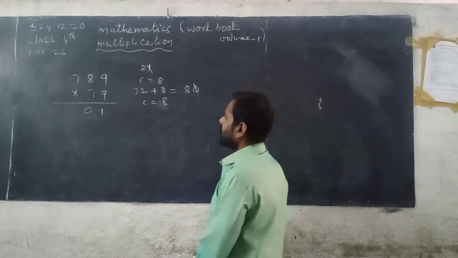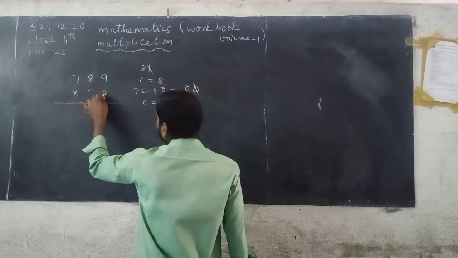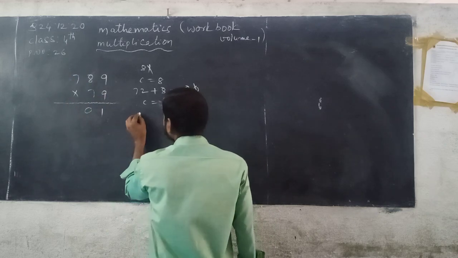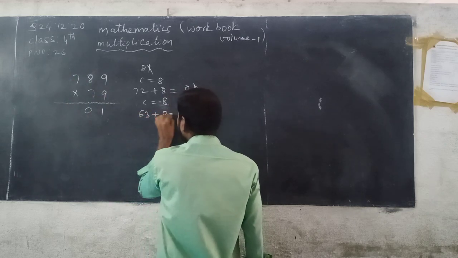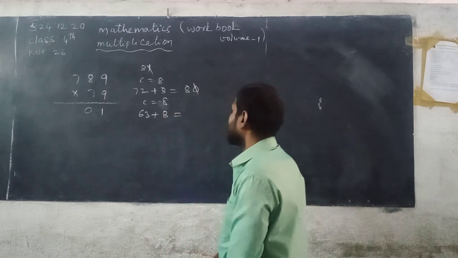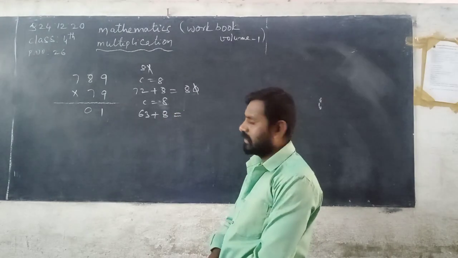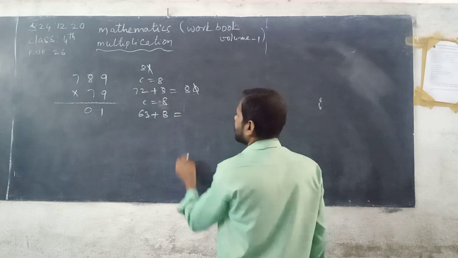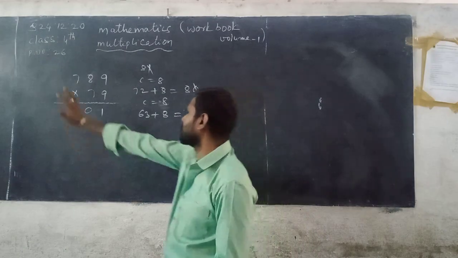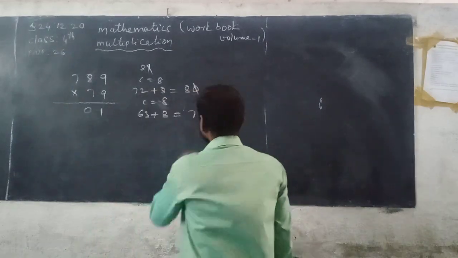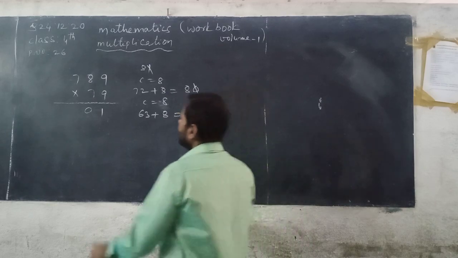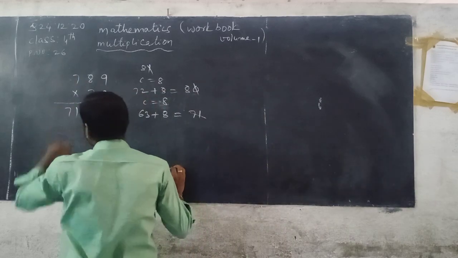Now next we multiply the digits in the hundreds place. 9 7s are 63. 8 is added to 63. So 63 plus 8, what do we get? 71. See here, this is the last place of the given number. Then you can write 71 in the hundreds column of the product.